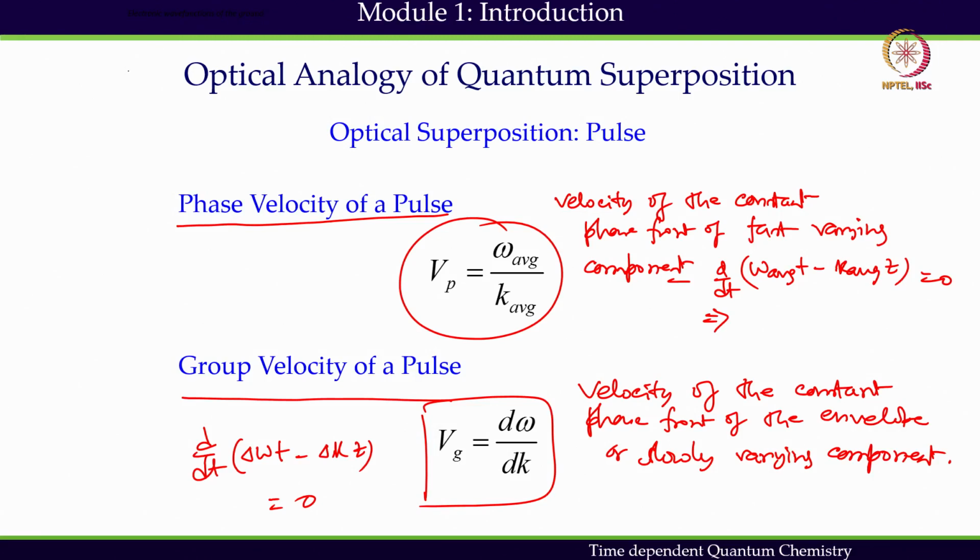The question is, what is the velocity of this envelope function and what is the velocity of this carrier wave? These two components are different and will have independent velocities. Sometimes it may happen that they have the same velocity. Sometimes they have different velocities, that is why one is proceeding quicker than the other.